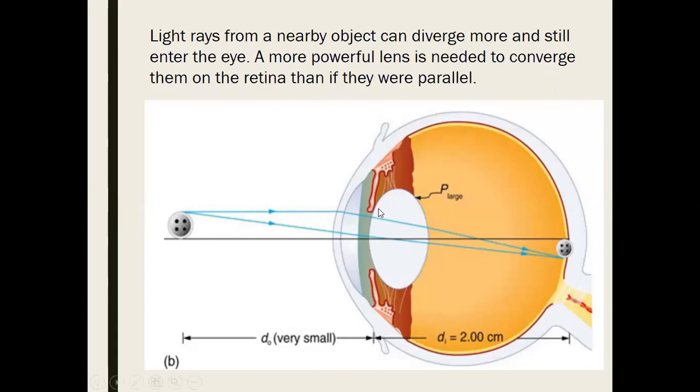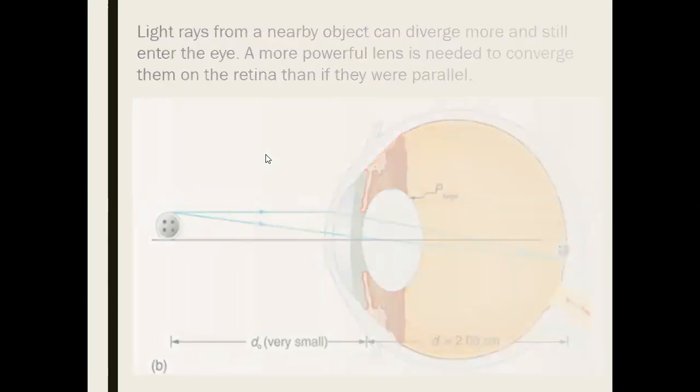Now you see that just to see the near object, the lens becomes thick. A thick lens means the focal length of this lens becomes short, and it is focused on the retina. So this is how I see near objects and far objects, and the normal vision is there.